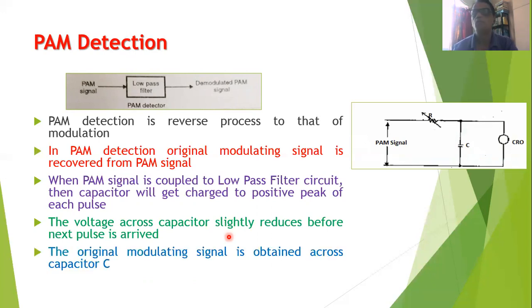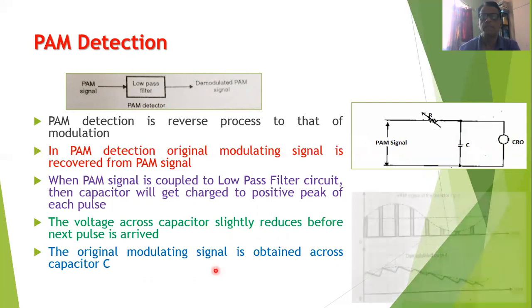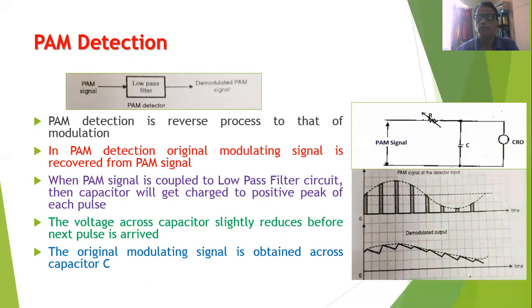This process goes on continuously, and therefore whenever we connect a CRO across the capacitor, you will find that the original modulating signal is being obtained across the capacitor C.